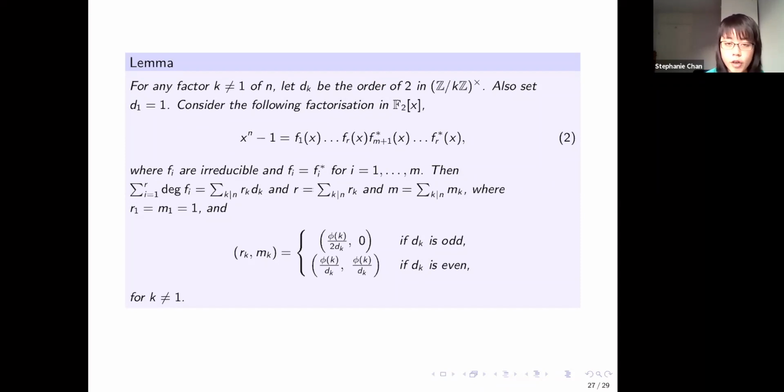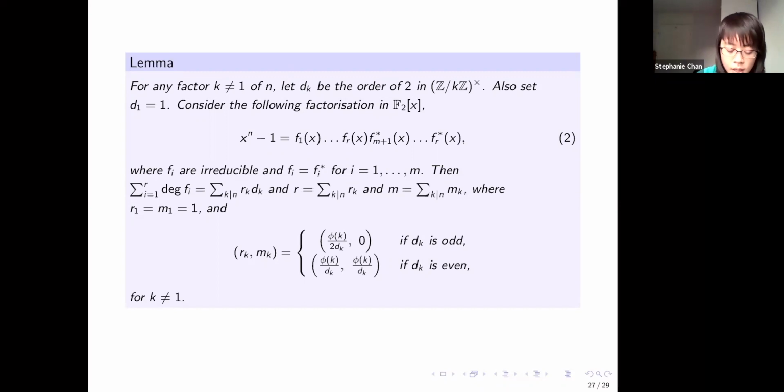We can also get the number of self-reciprocal factors. So here, for example, the first m factors, f1 to fm, are self-reciprocal, but fm plus 1 to fr are polynomials that come in pairs, itself and its reciprocal.